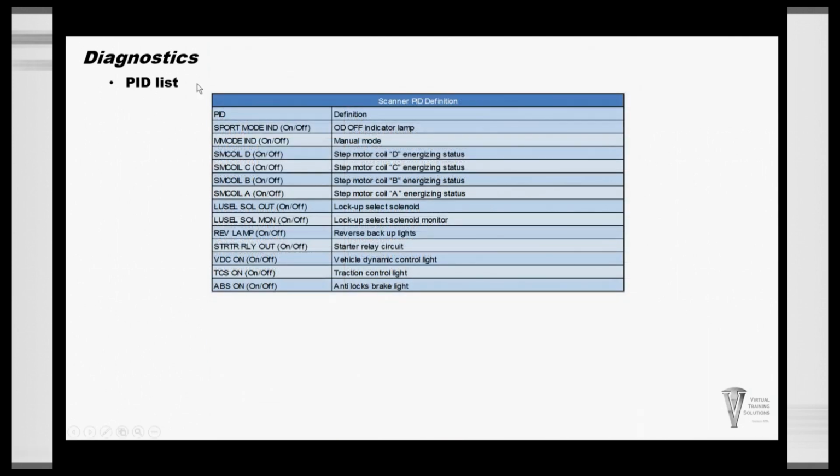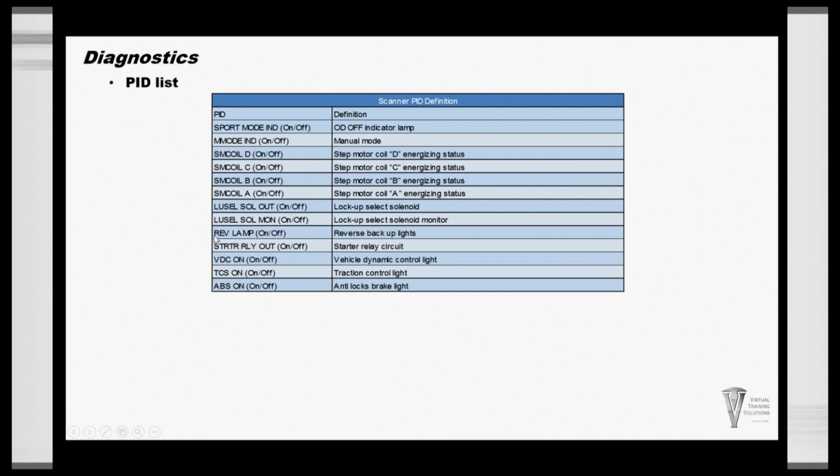And to continue our PID list, sport mode, here is your stepper motor coils. DC, B, and A are all different wires for your stepper motor. It takes 4 circuits to operate that stepper motor. You can watch these turn on and off if you graph these out. Your lockup solenoid output and monitoring.